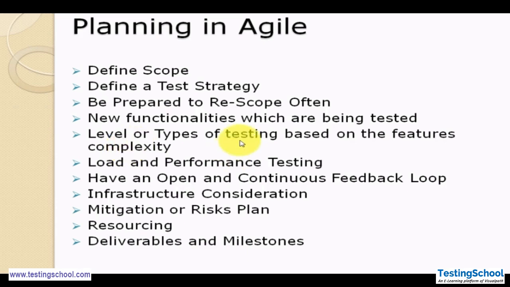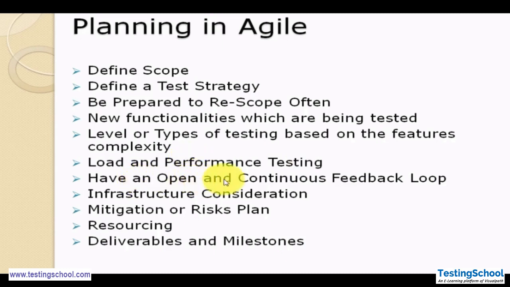In level and type of testing, we define what level of testing we will cover and what type, like sanity, smoke, regression, performance. So you can see which kinds of testing we will perform in this particular project. Then the load and performance testing, like how and by which tool we will perform our performance testing.